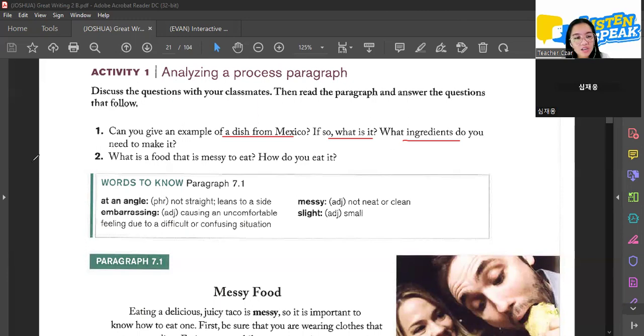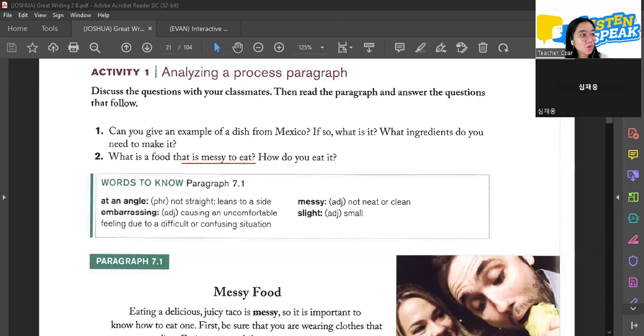Second question. What is food that is messy to eat? What are the foods that you know that are messy to eat? The foods that you eat that are messy to eat.